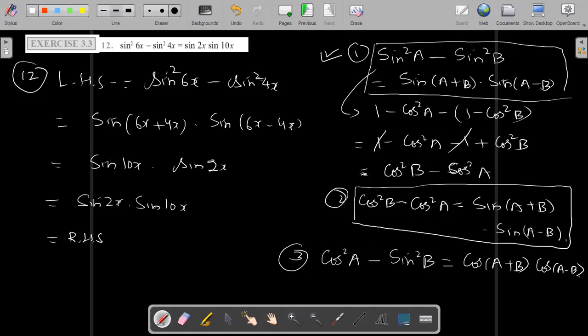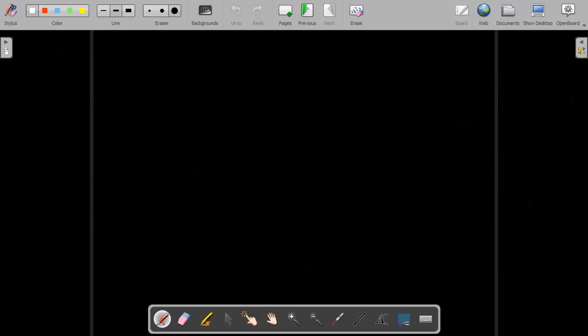We also have the formulas for A plus B plus C: sin(A+B+C) and cos(A+B+C). Sin(A+B+C) is equal to, but we are rarely using these.